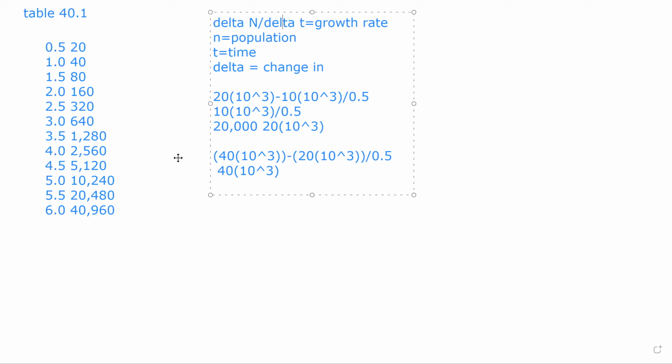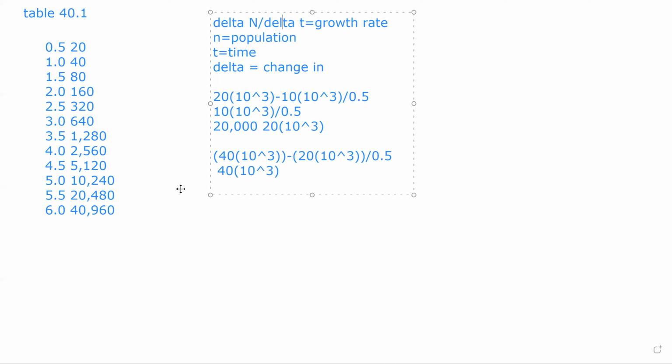The next chart that we need to do is table 40.2. Now the math for filling in the growth rate is going to be the same formula, the same procedure. The only difference is that the numbers that are going to go in the numerator, on the top of the fraction, are going to be the ones that are in table 40.2 instead of table 40.1.